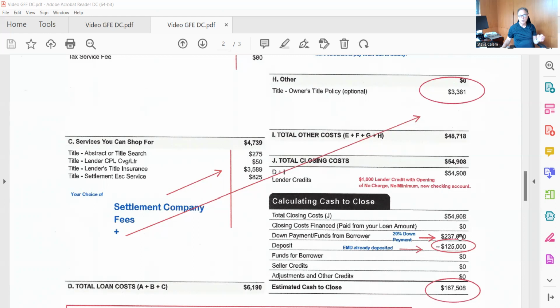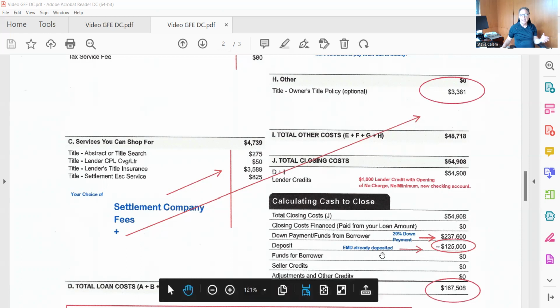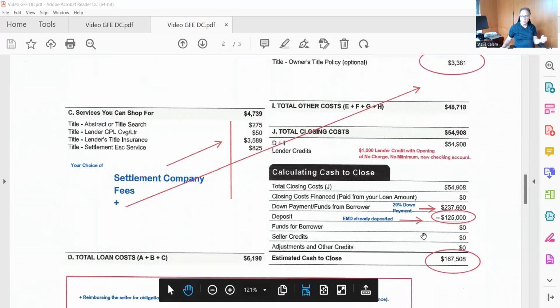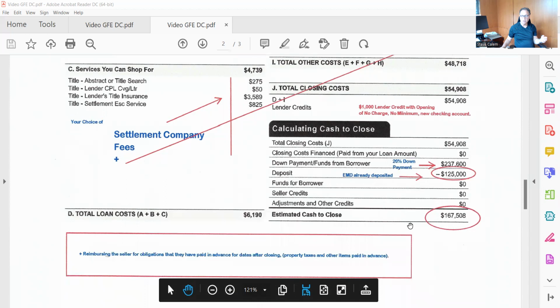So that's the 20% down, and you already anteed up an earnest money deposit to secure the property with the seller. That's been sitting there in settlement, waiting for the magic day. So your 237 minus the 125 is 167. Okay, that's what you're going to owe on here.